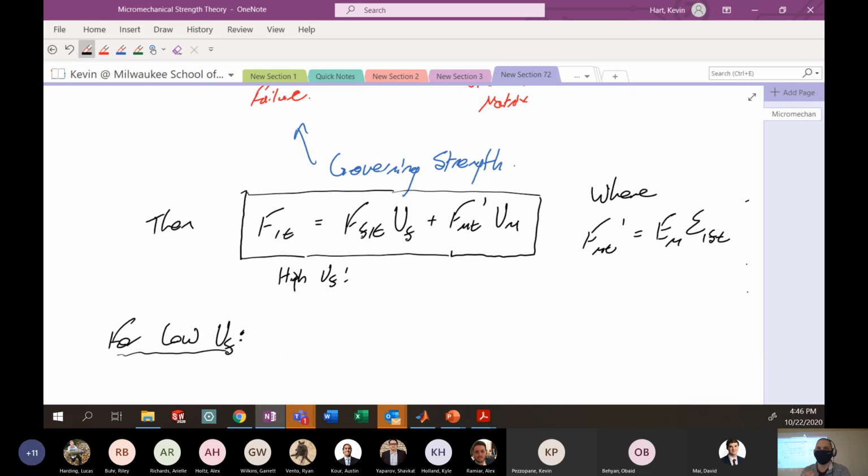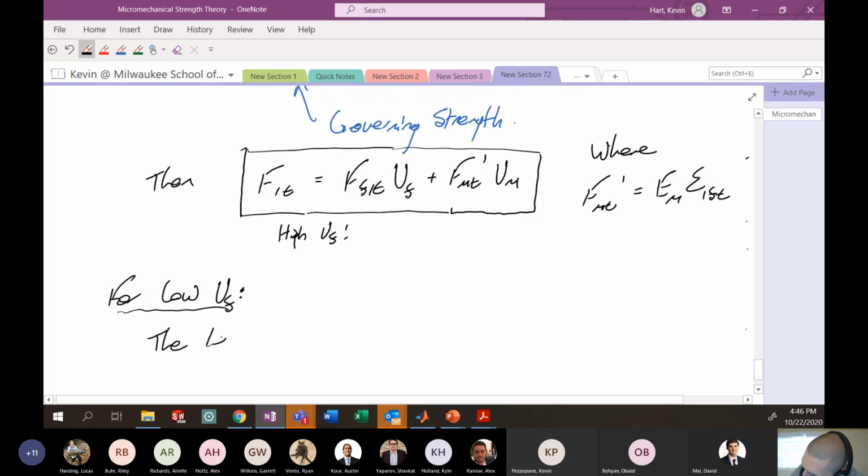Okay, so imagine the situation where you have one fiber in a huge matrix, right? You load this thing up, you're going to strain that fiber where the fiber is going to fail. It's going to transfer its load to the matrix, but the matrix is like, did you guys feel something? Like, what's going on? Did you feel that? Did that fiber just? Oh, I didn't even notice.